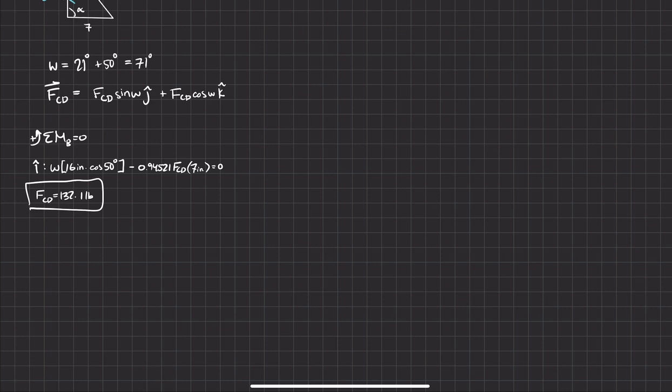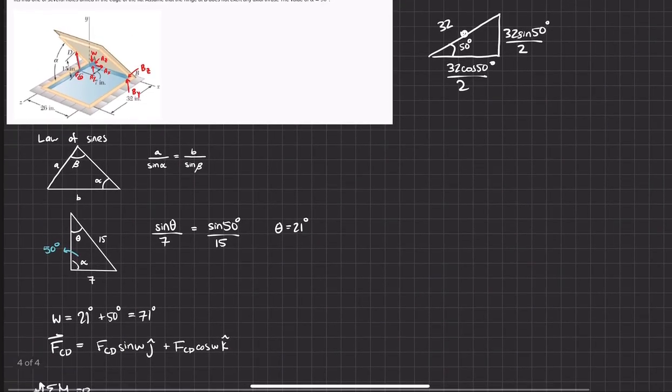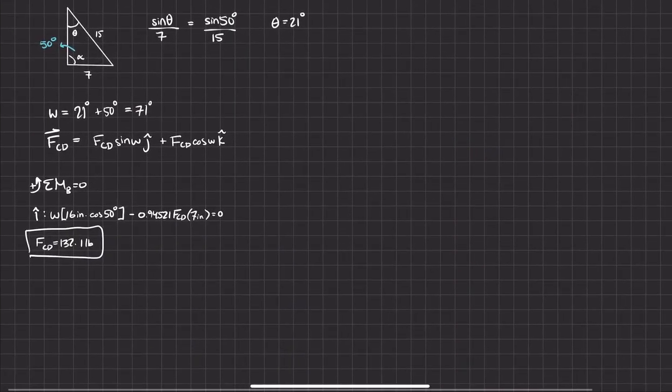Now the reaction at A and B. To find those, we do what we did. We take the moment about B, like we did in the last part.